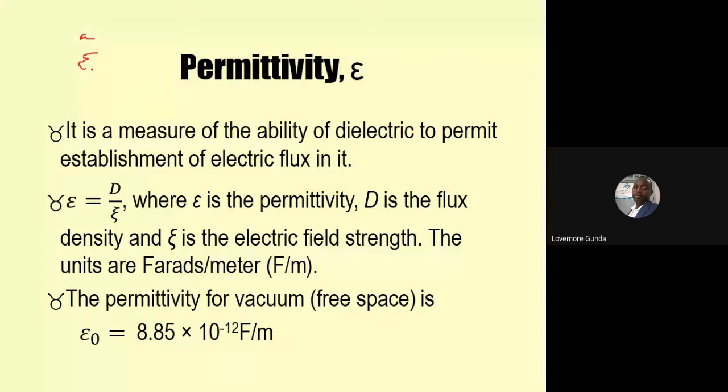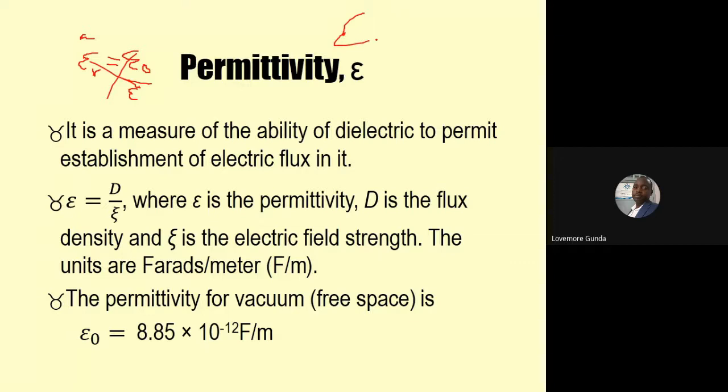So in other words, call it epsilon R, relative permittivity, becomes epsilon naught, which is the permittivity of a vacuum, over epsilon, which is the absolute permittivity. Sorry, the other way around.